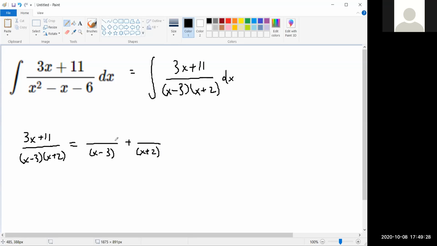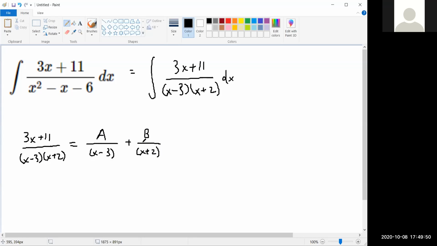The reason we're doing this is because if we can figure out what these two fractions are, we can integrate. Right now we don't know what the numerators are, so we just give them constants. I'll call this A, we'll call this B. So our goal is to find what A and B are. Now, how do we do that?